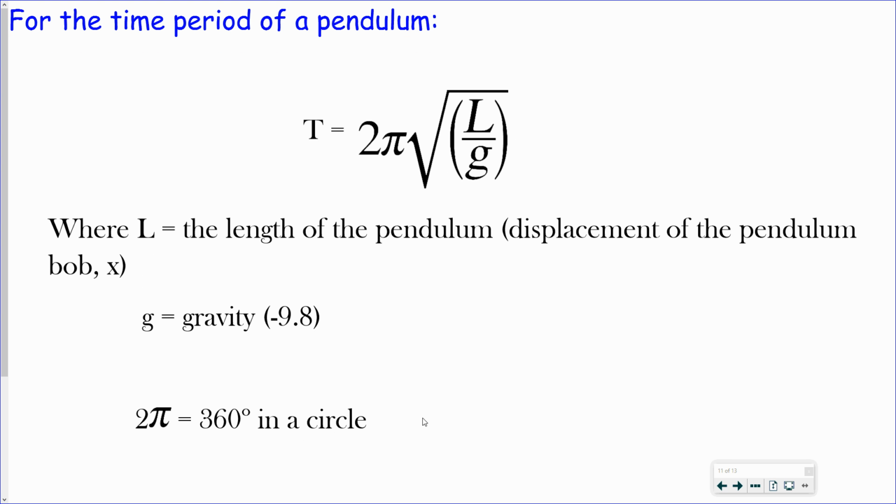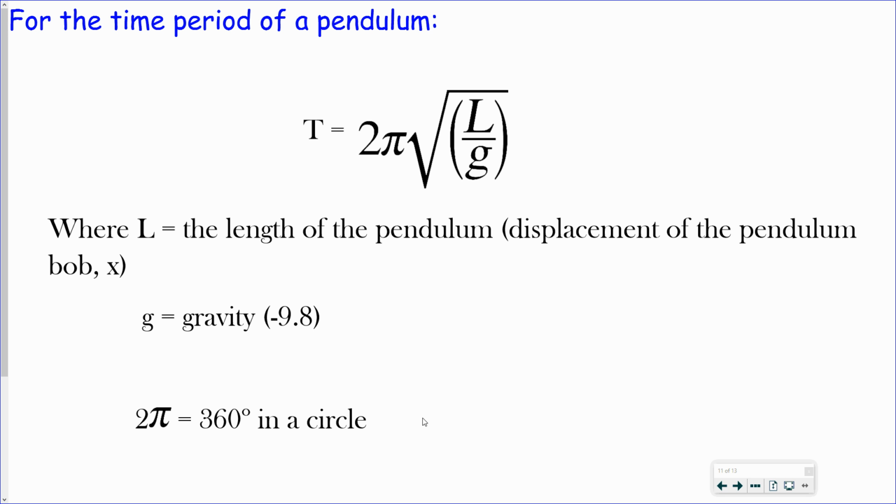For the time period of a pendulum, T equals 2 pi. Again, 2 pi represents 360 degrees in a circle, times the square root of the length of the pendulum, which might as well be the displacement of the pendulum bob from the ceiling, divided by gravity of negative 9.8.